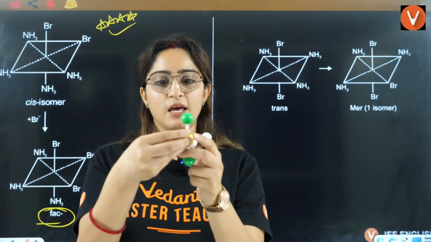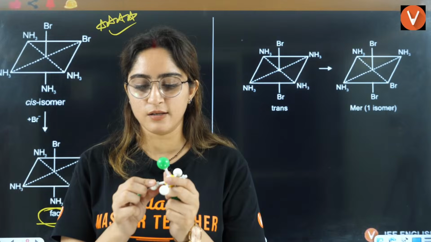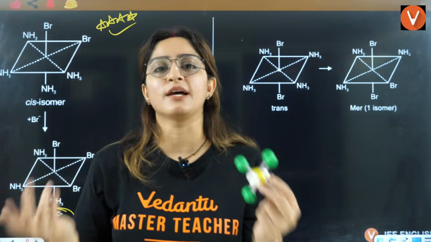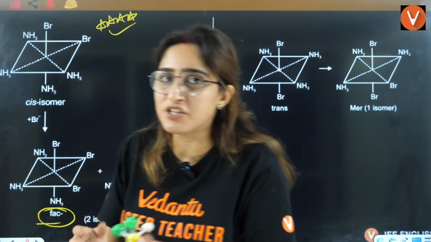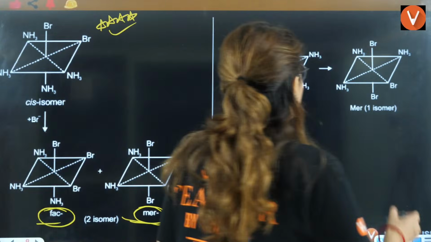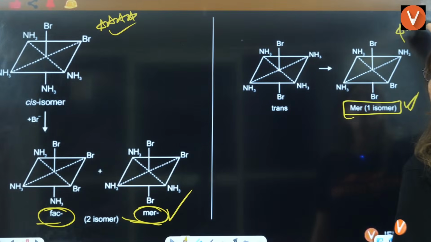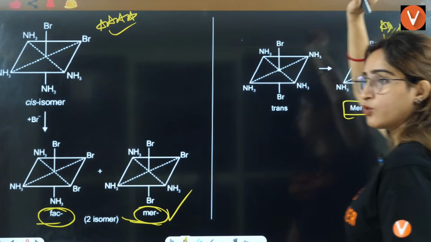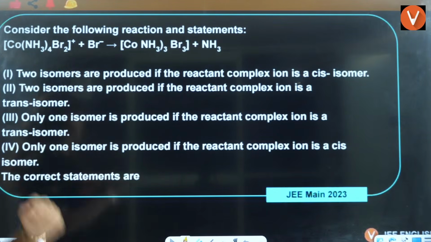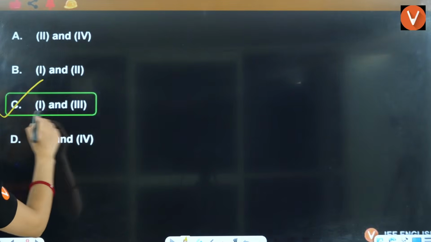If you are replacing it, let's say here, again you are making a meridional isomer. So there is no possibility of a facial isomer. So always you have only one isomer that you form, that is meridional. Very important question. So 1 and 3 is the correct statement. So the answer will be C.